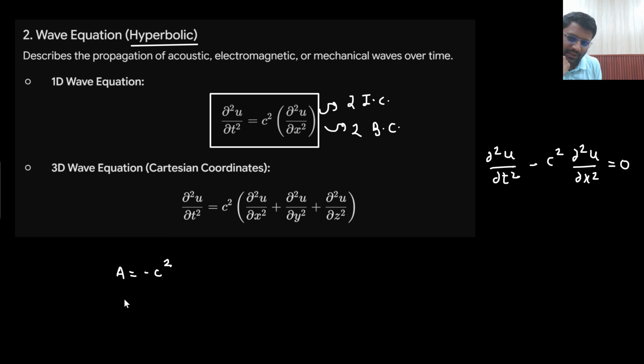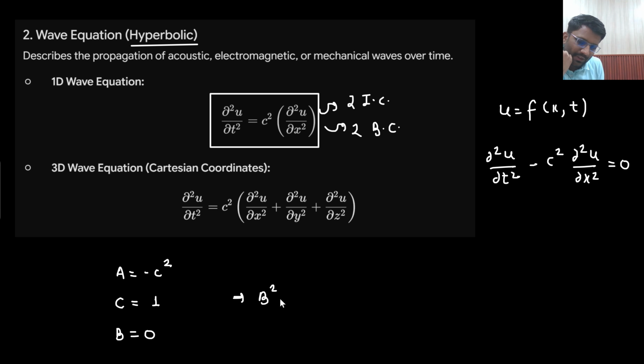What is the value of c? The value of c is 1. u is a function of x comma t. Partial differentiation of u with respect to x 2 times gives del square u by del x square, so the value of a is minus c square. Partial differentiation of u with respect to t 2 times, then the value of c will be 1. And what will be the value of b? The value of b will be 0, because partial differentiation of u with respect to x and t, I cannot even see.